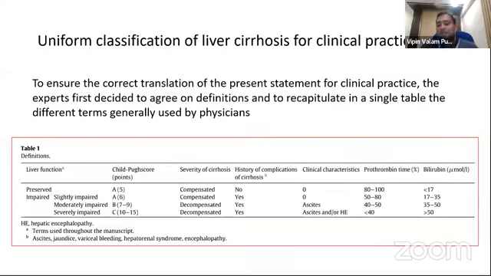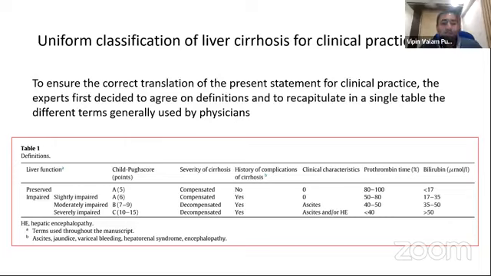As per these guidelines, when we are applying criteria in a population like cirrhosis or chronic liver disease, we should have a uniform classification of cirrhosis for clinical practice. So they have divided chronic liver disease or cirrhosis patients into those having preserved liver function and impaired liver function, with slightly impaired, moderately impaired, and severely impaired.